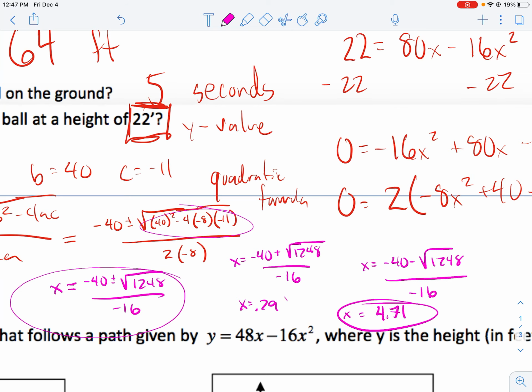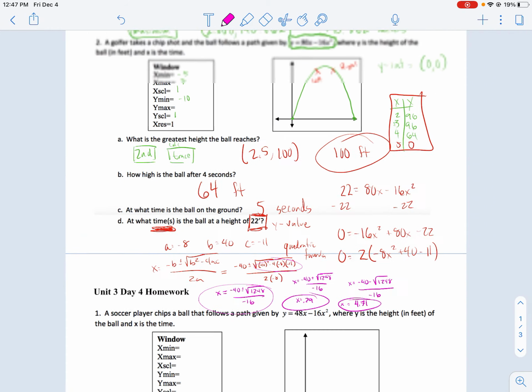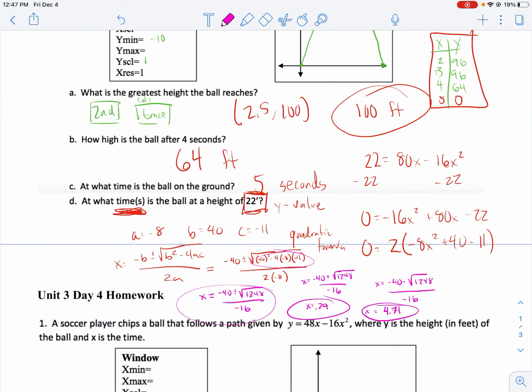Okay? And so what our answer is this. Remember, because it's a quadratic, at what times, plural, is the ball at a height of 22 feet? We could say 0.29 and 4.71 seconds. And that is our answer.